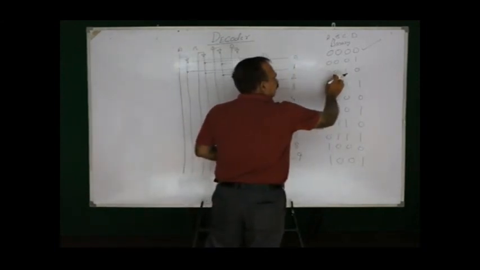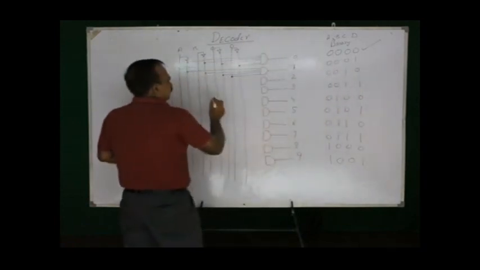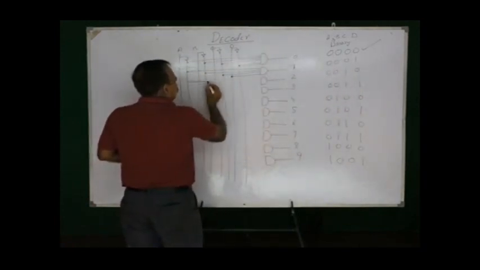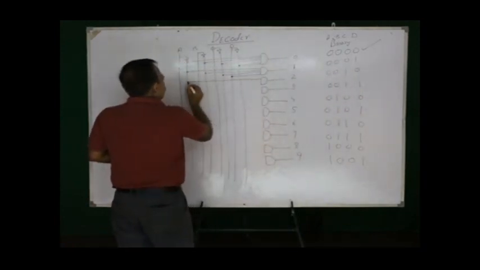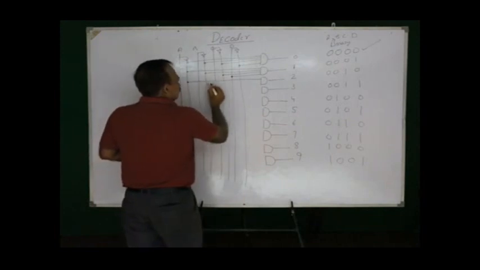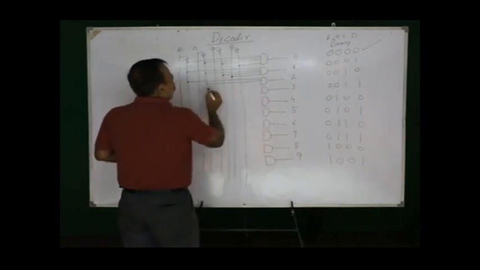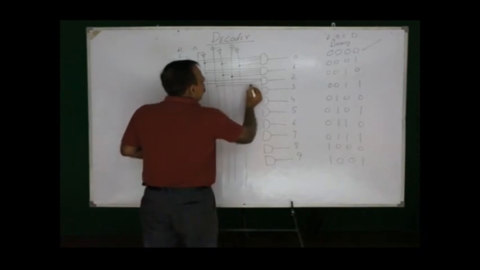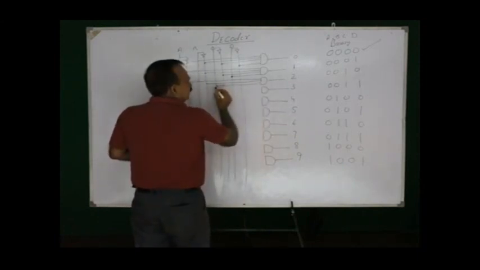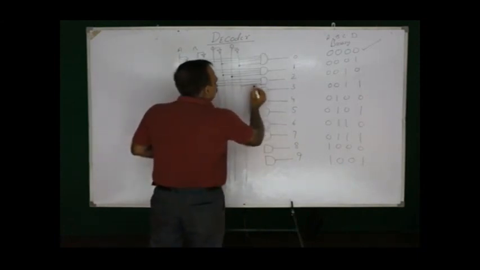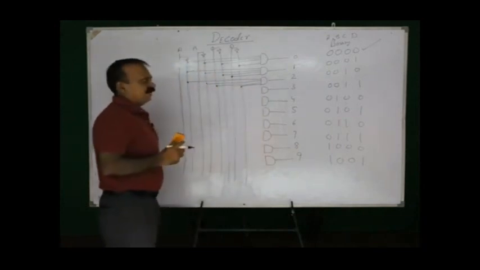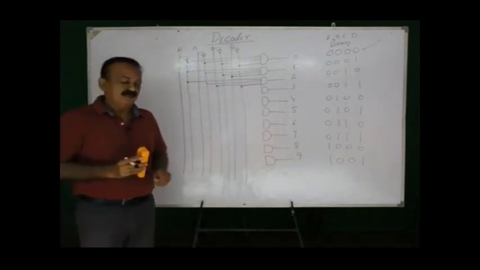This is A bar, B bar, C and D bar. This is A bar, the next is B bar, the next one is C, and the last one is D bar. Yes, this is A bar, B bar, C, D bar.